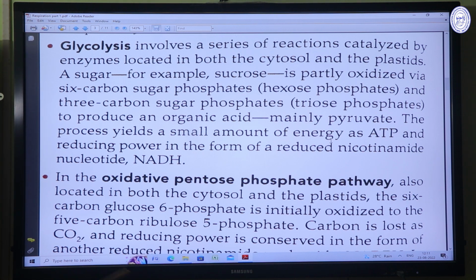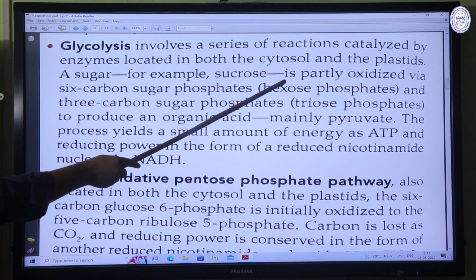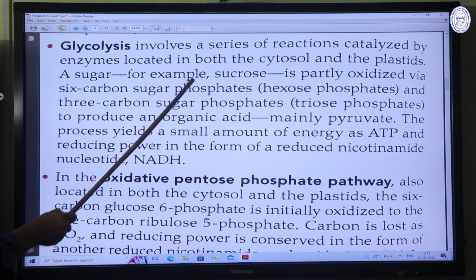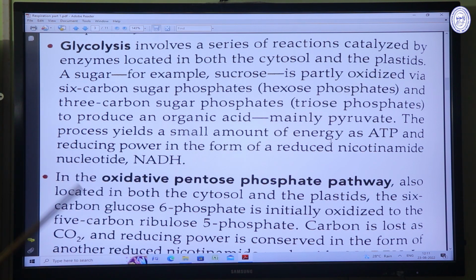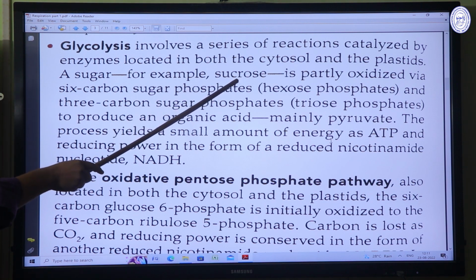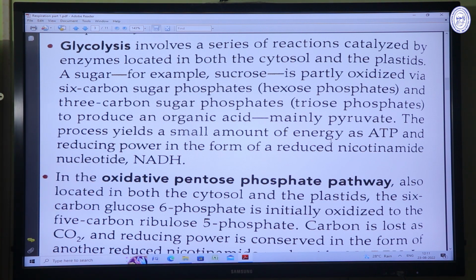Glycolysis involves, as I have already mentioned, a series of reactions catalyzed by enzymes located in both the cytosol and plastids. For example, a sugar, maybe sucrose, will be partially oxidized here, not fully oxidized.